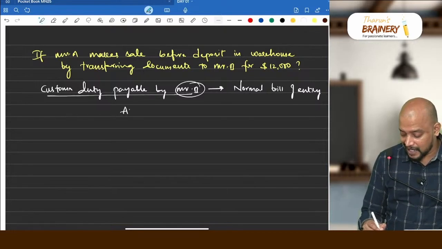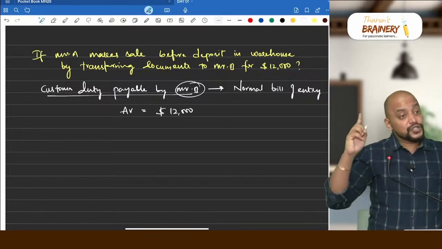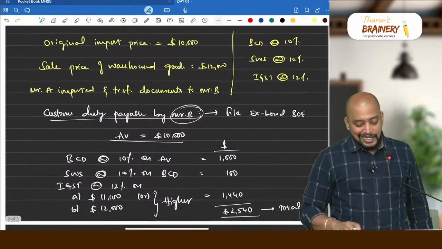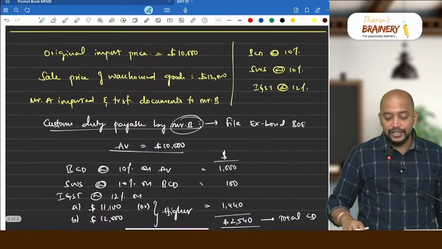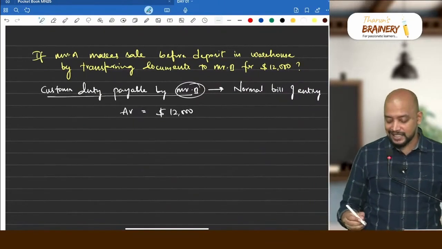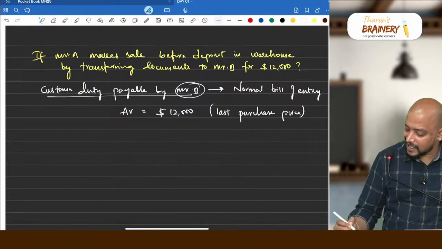And what will be taken as the assessable value? How much will be taken as assessable value? $12,000. It is not $10,000. It is $12,000. Why? Because the last purchase price should be taken as the assessable value.